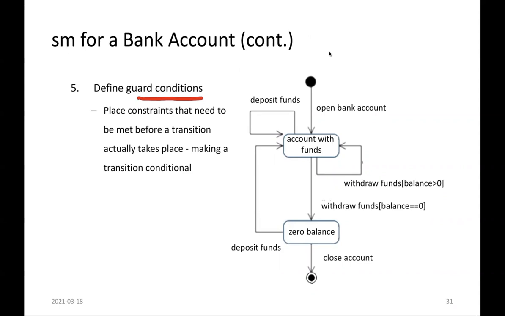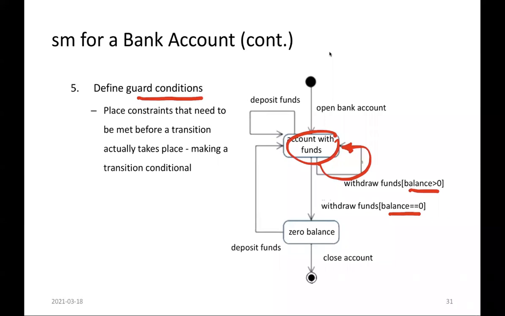As you can see here, the account with fund state can loop and stay in the same state if the condition is satisfied, where my guard is balance greater than zero. Otherwise, if the balance is zero, then we're going to go to a zero balance. And this is very important in building your state machine diagram: not only listing those triggers, but at the same time, listing the guards.